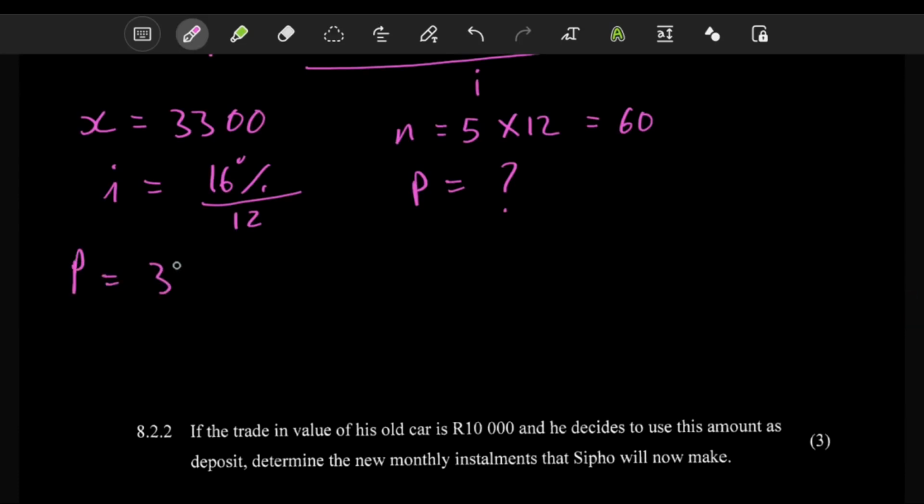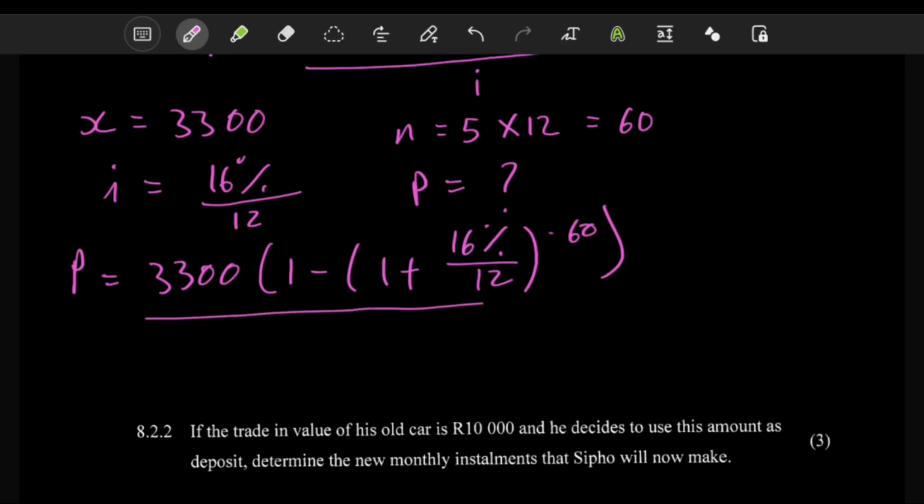P is going to be equal to 3300, 1 minus 1 plus 16% over 12, and always remember the percentage symbol if you're going to use the number 16. And then the whole thing over 16% over 12. You're just going to put it into your calculator.